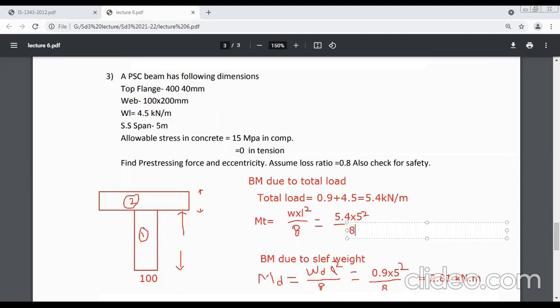Tell me how much the bending moment is due to total loading, self weight plus live load. It is 16.875 kilonewton meter. Okay, so we got the same answer. Yes, sir.